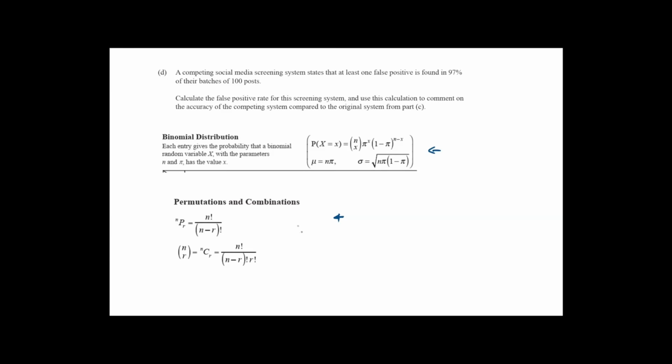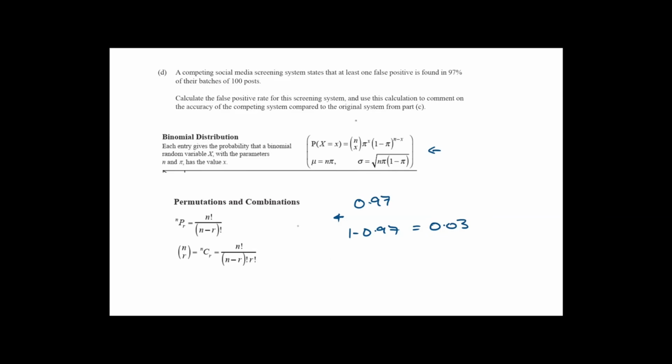If it is getting it right 97% of the time, so it's getting it right 0.97, that means that it's missing 1 minus that, isn't it? Which means it's missing 3% of the time.